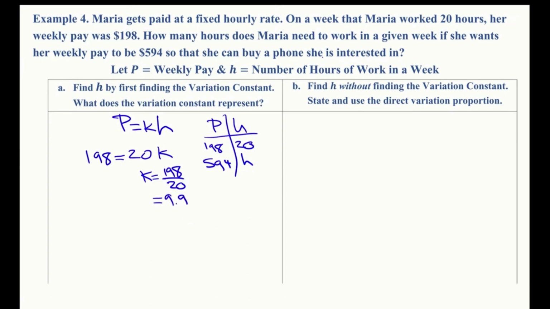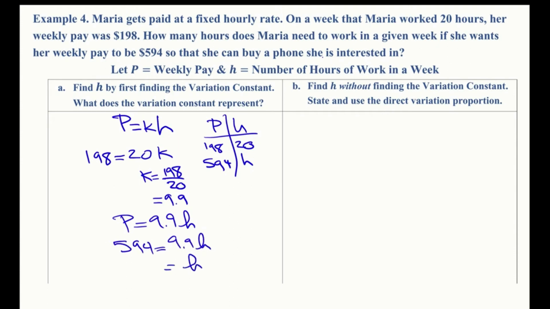So now we're going to set up our variation equation. So we get P equals 9.9h. And remember, we want to substitute 594 for P to find the number of h. So we get 594 equals 9.9h.